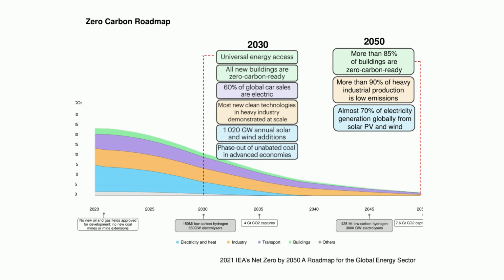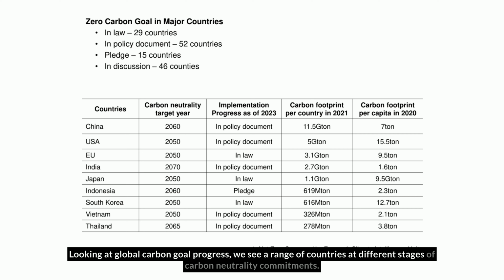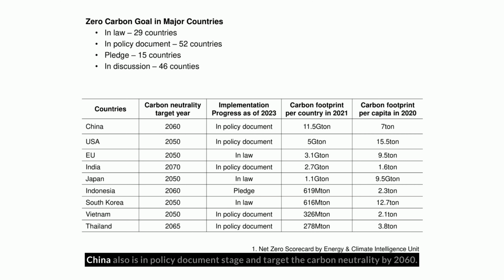Looking at global carbon goal progress, we see a range of countries at different stages of carbon neutrality commitments. For instance, the US is currently in the policy document stage and aims for carbon neutrality by 2050, while China also is in the policy document stage and targets carbon neutrality by 2060.